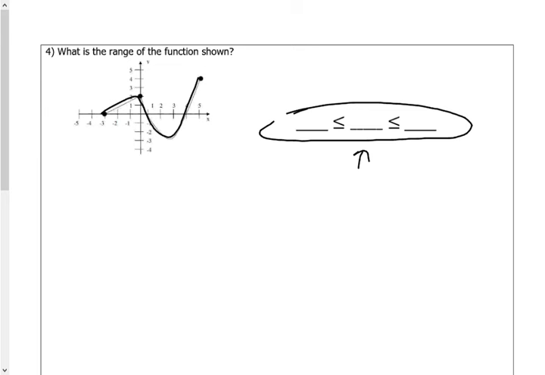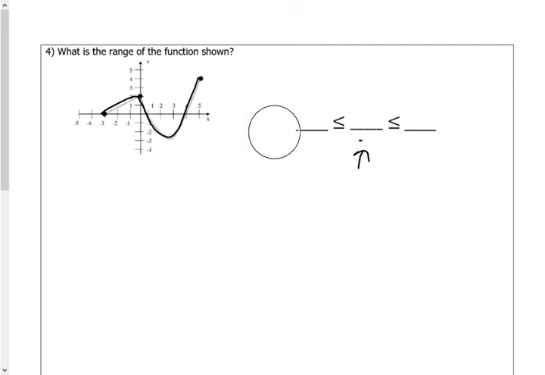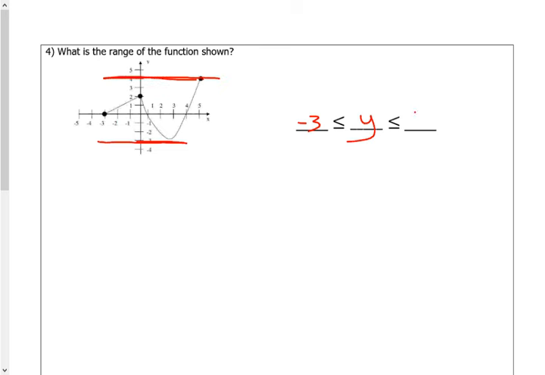Now, once you realize that, yes, this is an inequality because I'm dealing with a graph, now we want the range. Well, the range is y values. And on this graph, the very smallest y value starts right here. Now, that's not quite -3, but we'll go ahead and round that off unless there was a better multiple choice answer there. And the highest range is going to be 4. So the range of this function goes from -3 to 4.